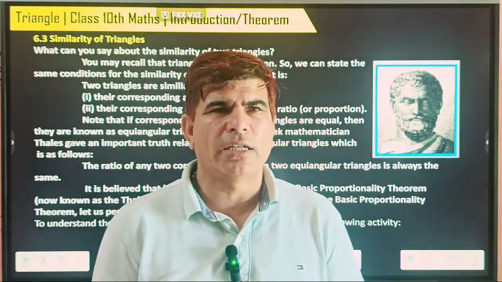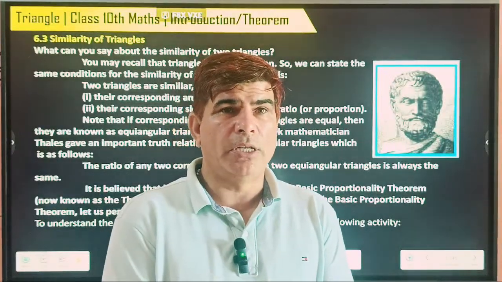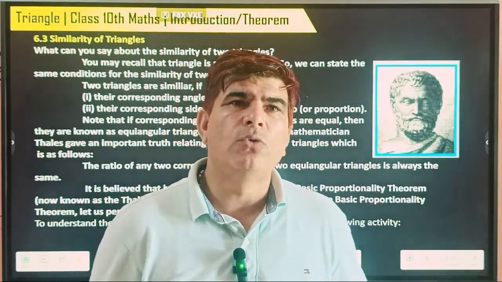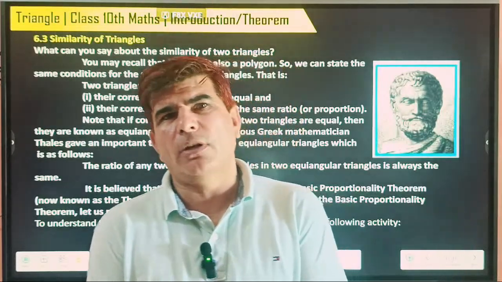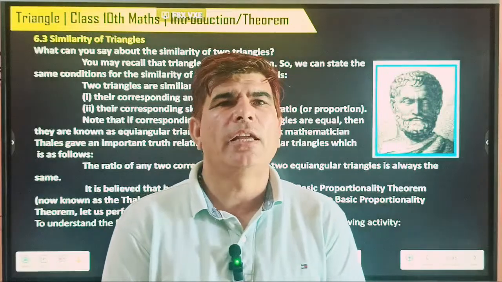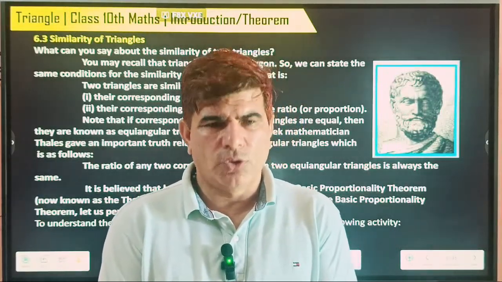Then definitely their sides are in the same ratio. Its meaning is that if the corresponding angles of two figures are equal, then they automatically become similar.